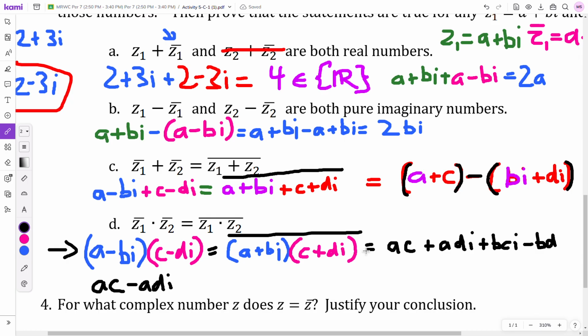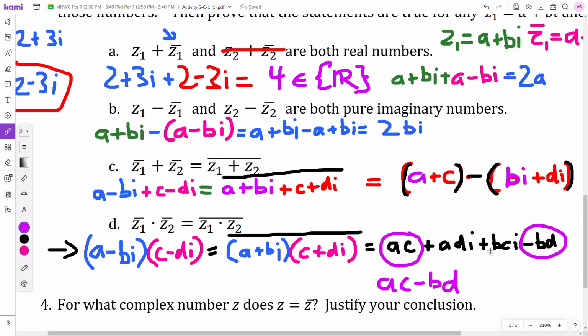Oh, I forgot to finish this part over here. I do actually have to rearrange this. So let me go back to this part right here. If I take the real parts, AC minus BD, I get AC minus BD. And then the imaginary parts are going to be plus I times AD plus BC.